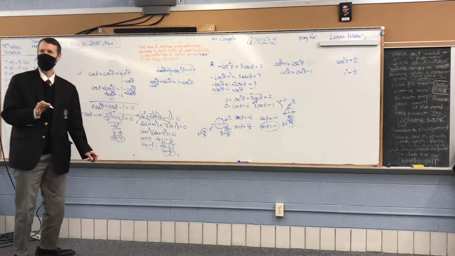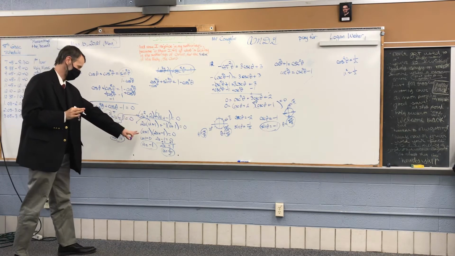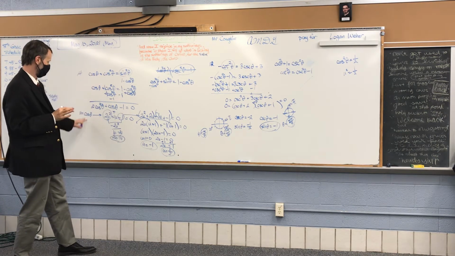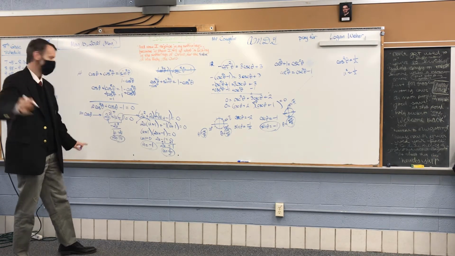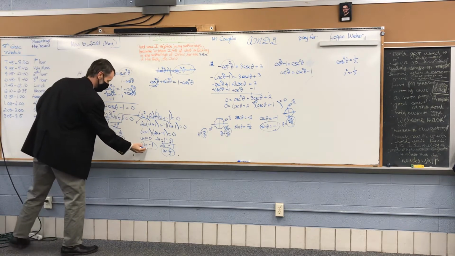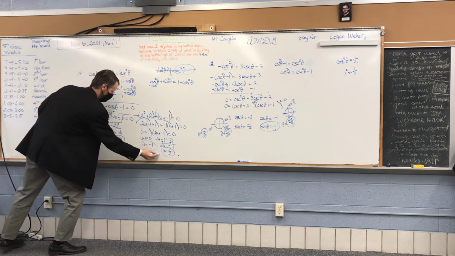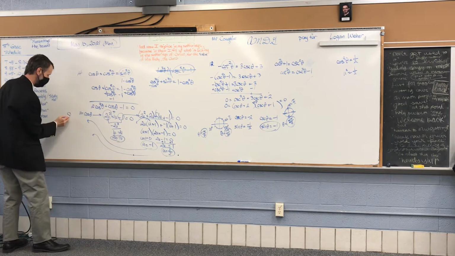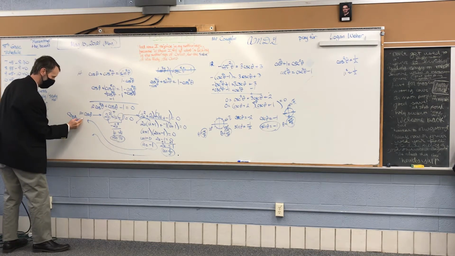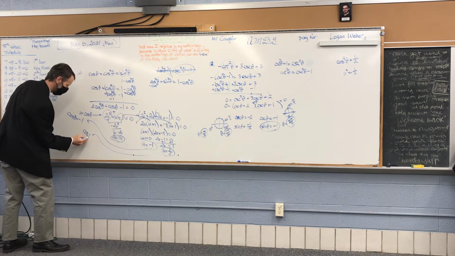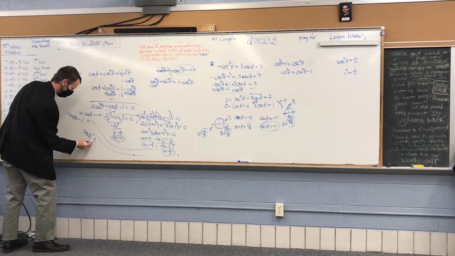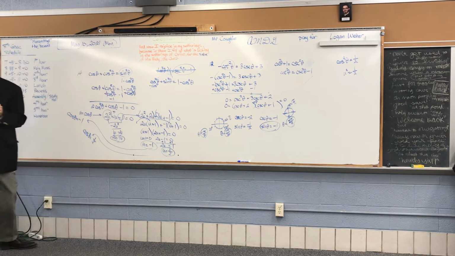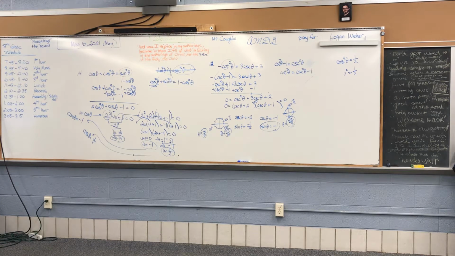What is U in this particular case? Cosine of theta. Let's put those back where we found them. So we've got cosine of theta equals -1, and cosine of theta equals 1/2. Now, finish the problem for me, Spencer. Is cosine ever equal to -1?